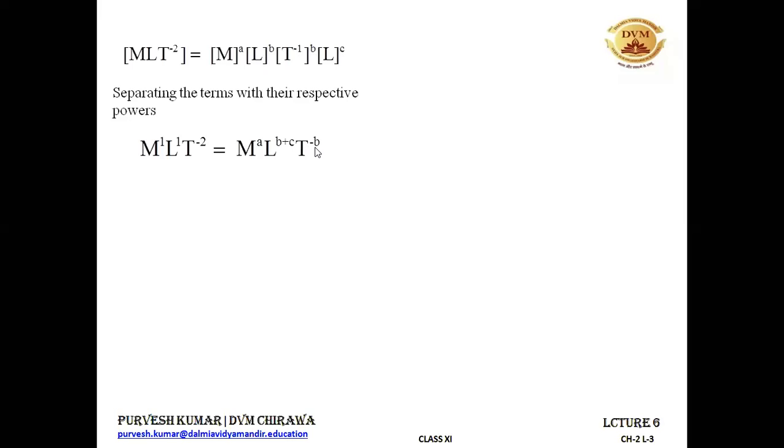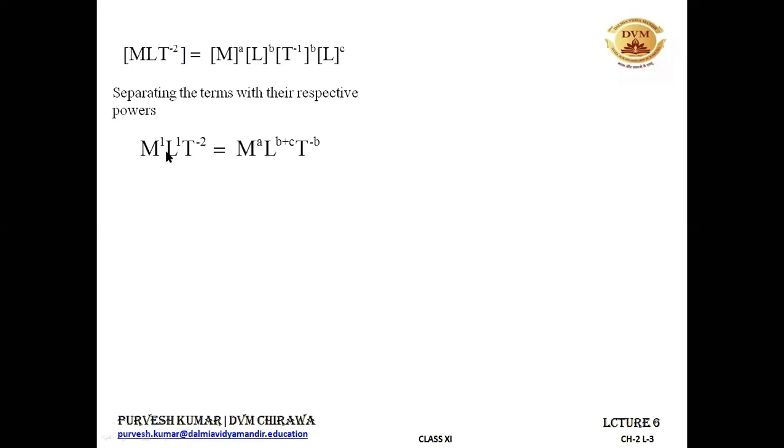All right. Now compare. We have to make a comparison of the powers towards the left hand side and right hand side. So I can write it like this. This a is the power of M towards the right hand side, and towards the left hand side M is having power 1. So I can write a equal to 1, comparing the power.